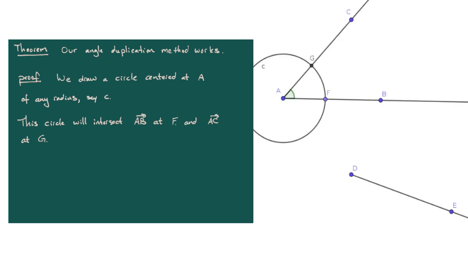Now what we want to do is to duplicate circle C at the point D, so that D is the center of the circle.